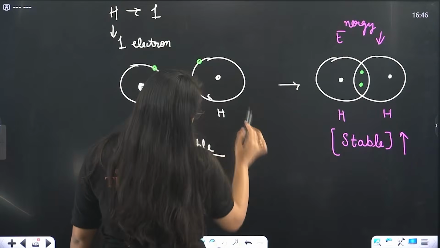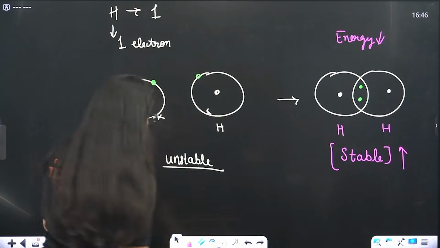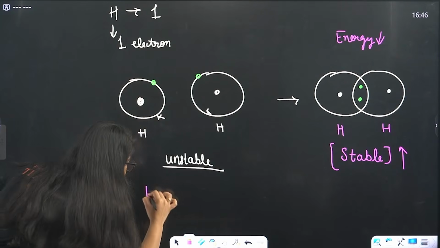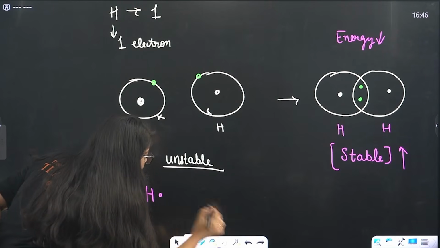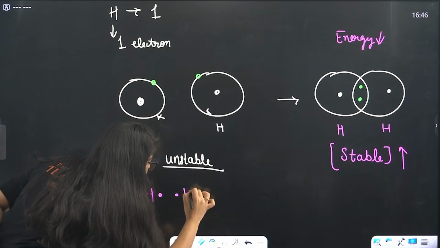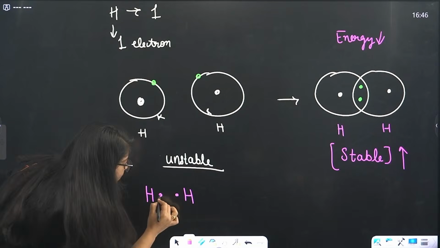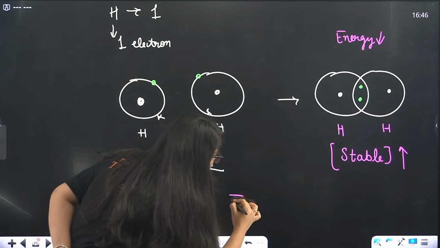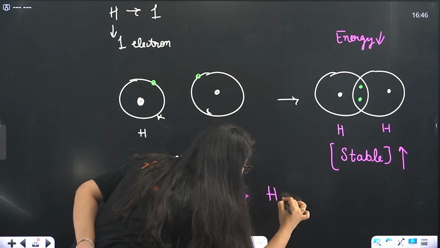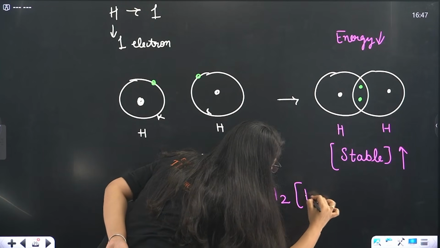Beta, you will simply do, okay, let it be here. Now, what will you do? H, it has 1 electron, plus you have another hydrogen, okay? They will make a bond and you will write that this is H2 now. How will it be represented?